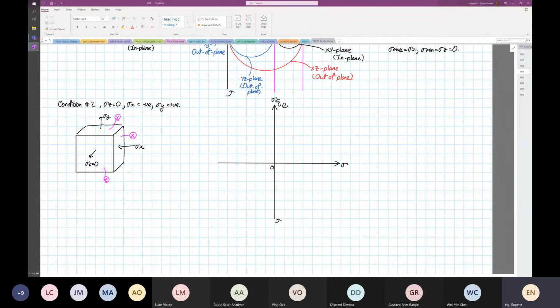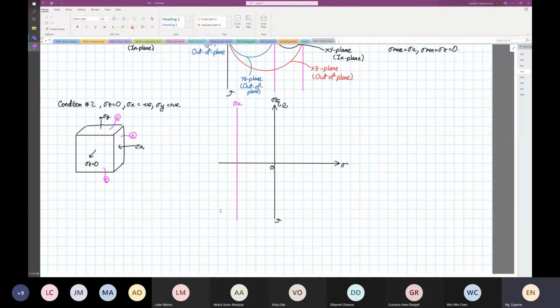Now stress X is in compression, so that is our stress X line.